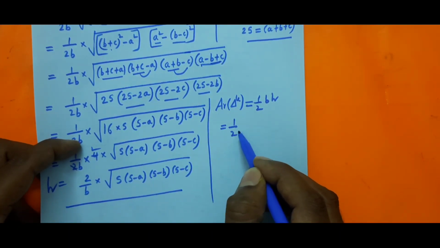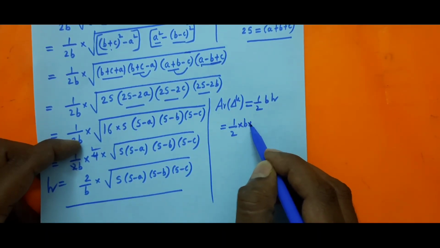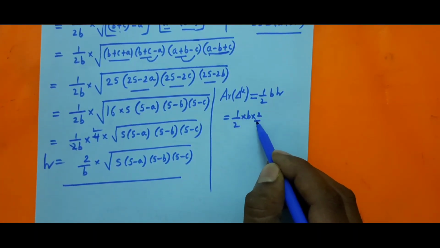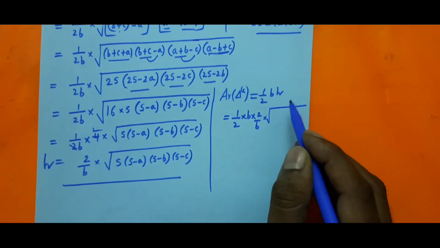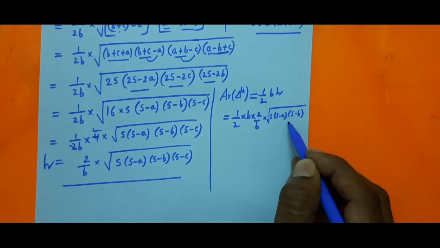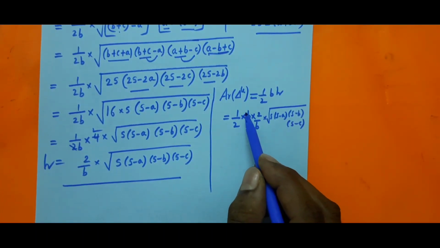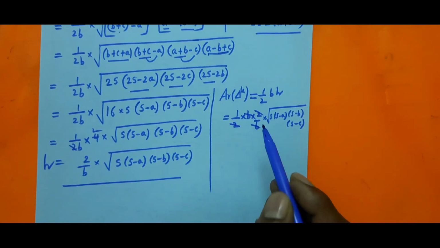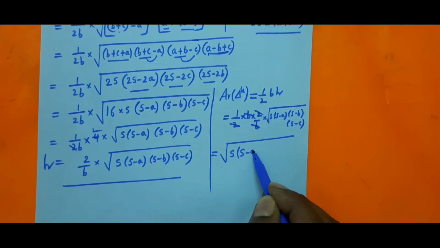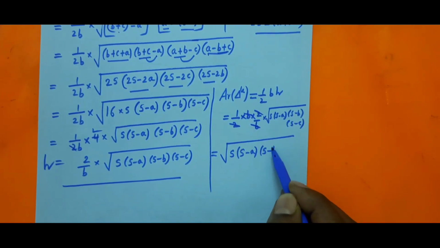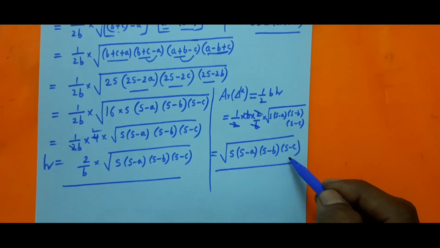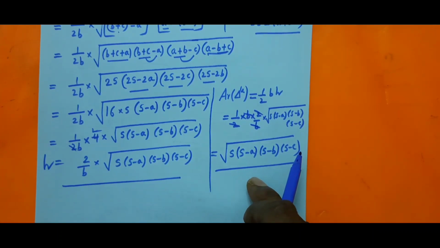I told you already, half into base is B only, and height we got this much, that is 2 by B into root of s into (s minus a) into (s minus b) into (s minus c). B, 2 gets cancelled. Then finally you have root of s into (s minus a) into (s minus b) into (s minus c), which is the required formula, which is called Heron's formula.